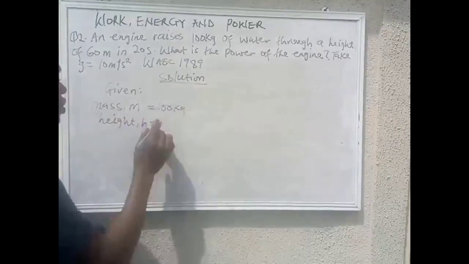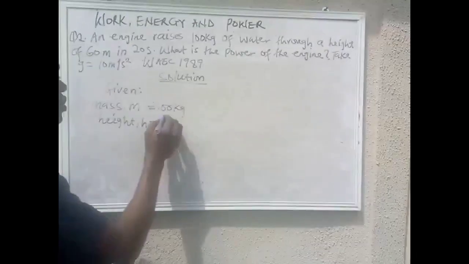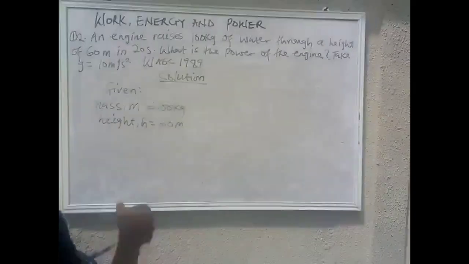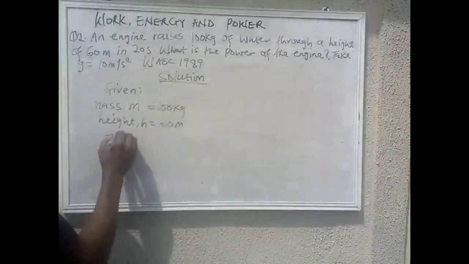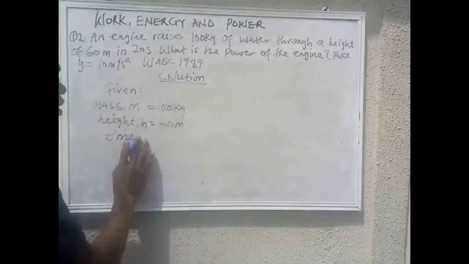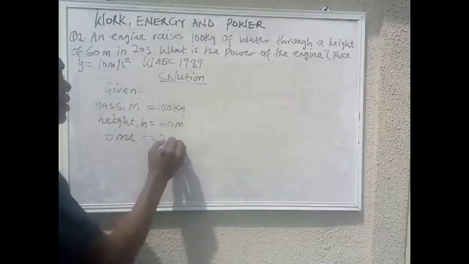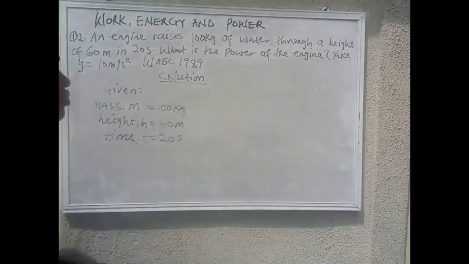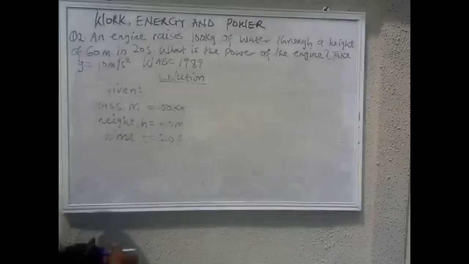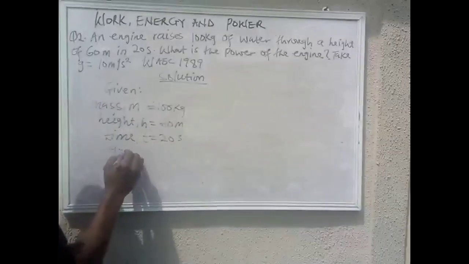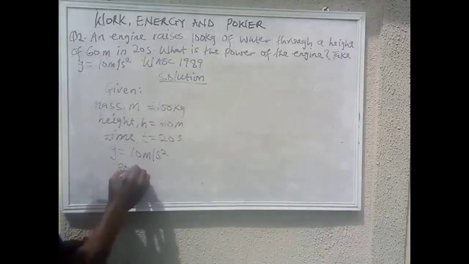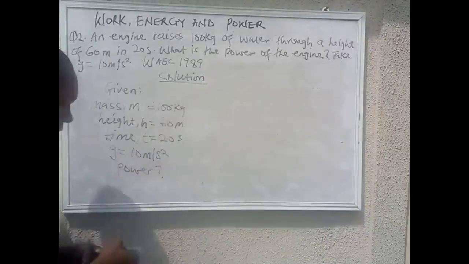We have our H, which is equal to 60 meters. Then time T, which is 20 seconds. Now, what is the power of the engine? So we are asked to calculate power. Don't forget we still have g. g is 10 meters per second squared. So power is question mark.